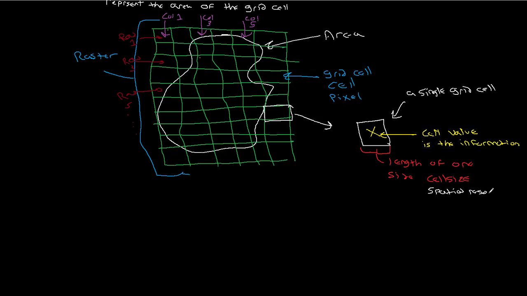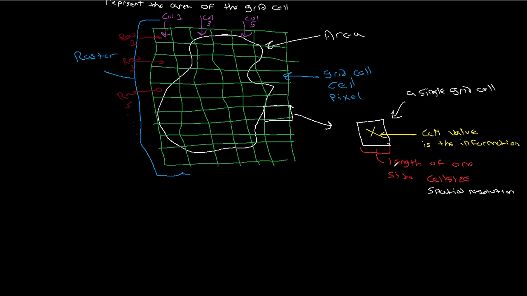Spatial resolution is a measure of the length of one side of a single pixel. In fact, I'm going to rewrite this again because this is going to be very important when we talk about different scales of information. And spatial resolution is going to be immensely important when we talk about remote sensing, which is one of the ways that we generate raster data.